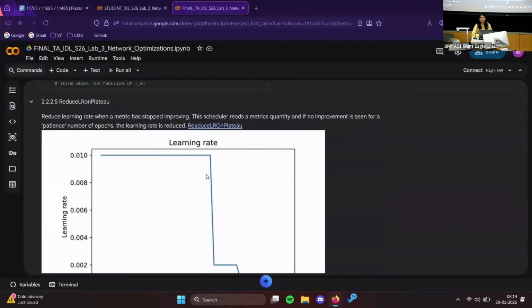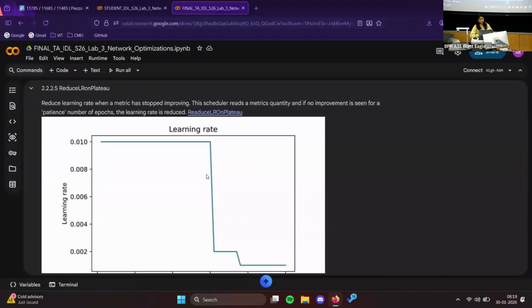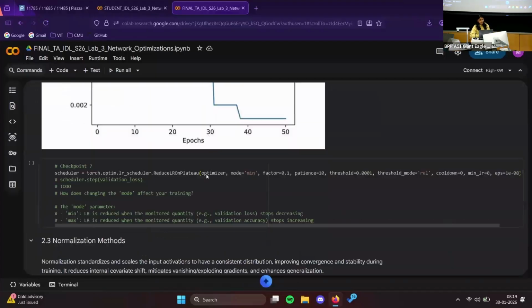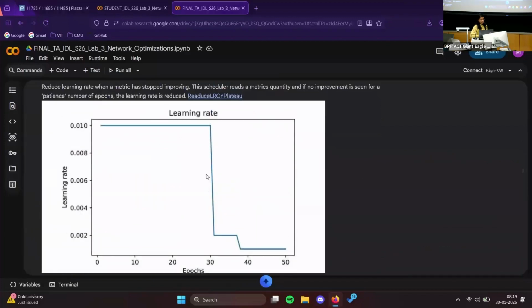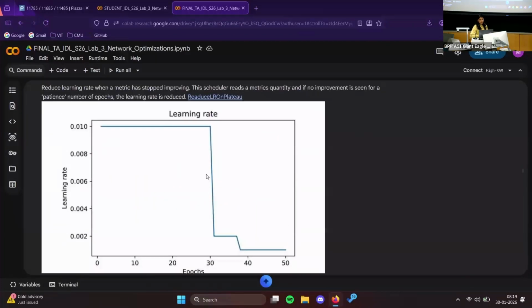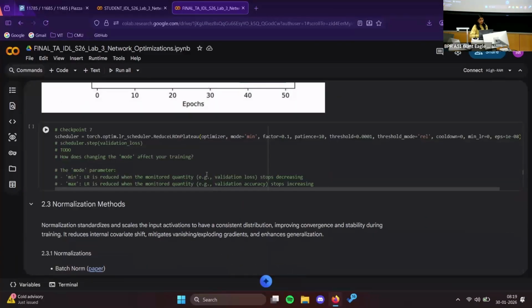Basically, you tie the learning rate to some metric, usually validation accuracy, and if the accuracy is constant for some time, you decrease the learning rate. So there are different schedulers that you can try your hands on. We would recommend you to go through the documentation and perform ablations around this during your homeworks.